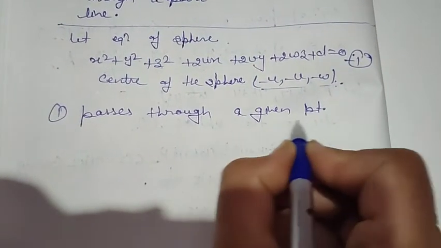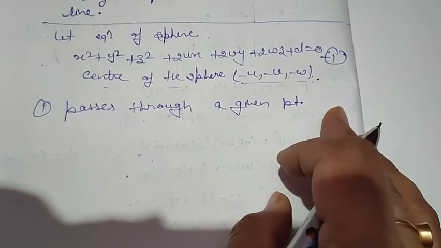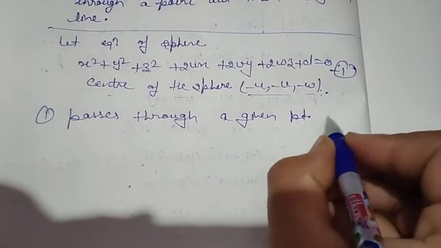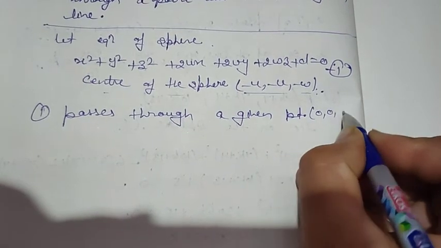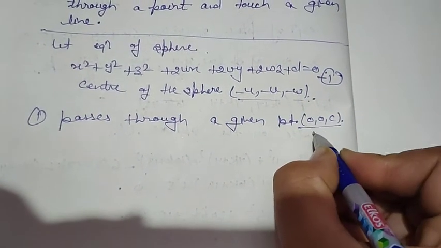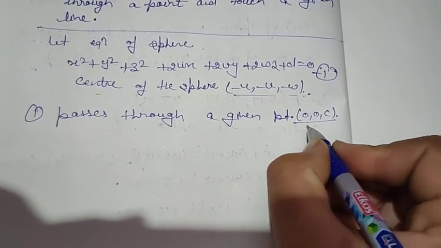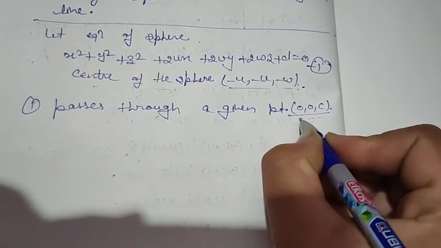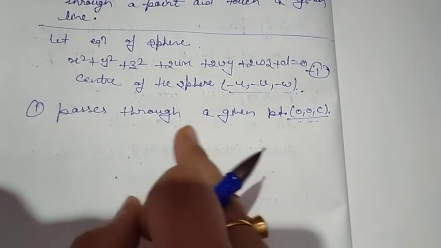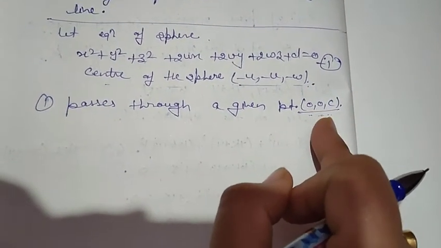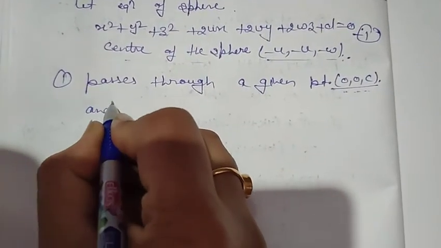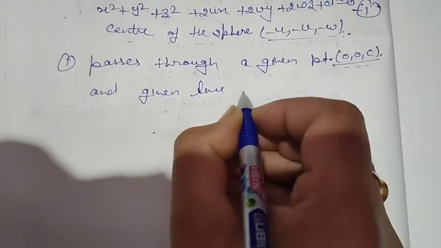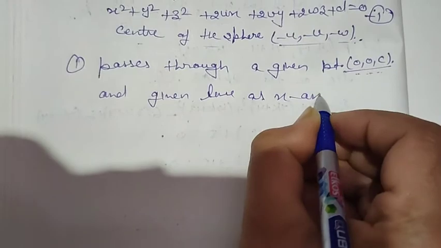We take the point on the z-axis, and we take the given line as the x-axis. Other points would be a, 0, 0 on the x-axis and 0, b, 0 on the y-axis.